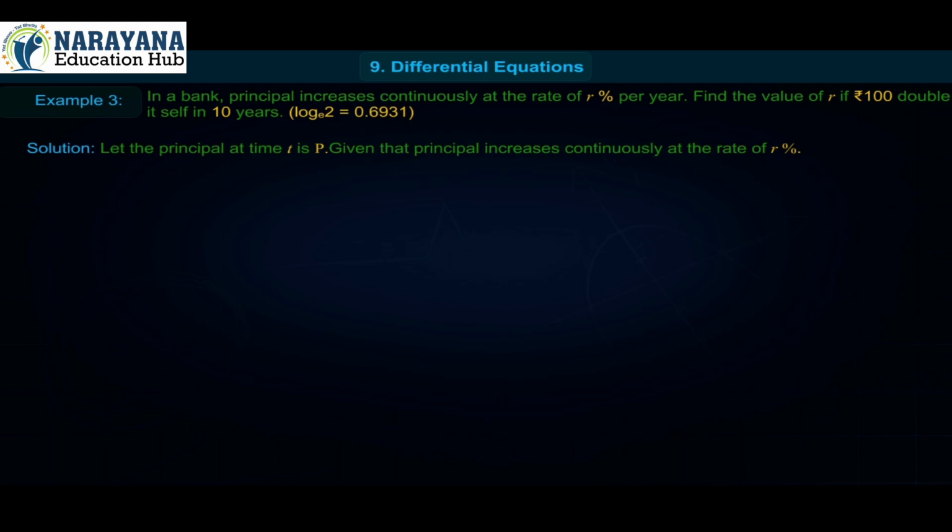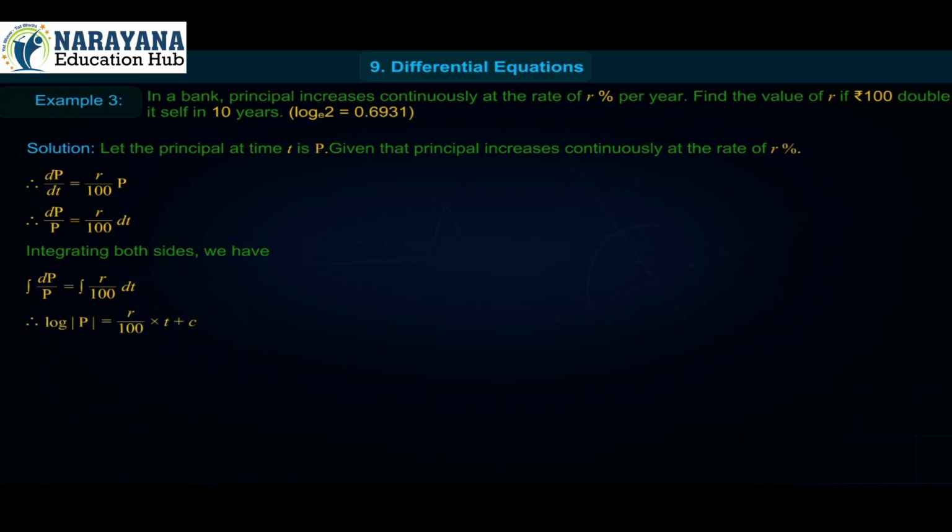Given that principal increases continuously at the rate of r%, therefore dp by dt is equal to r upon 100 into p. Therefore dp by p is equal to r upon 100 dt. Integrating both sides, we have integration dp by p is equal to integration r upon 100 dt. Therefore, log of modulus p is equal to r upon 100 into t plus c.